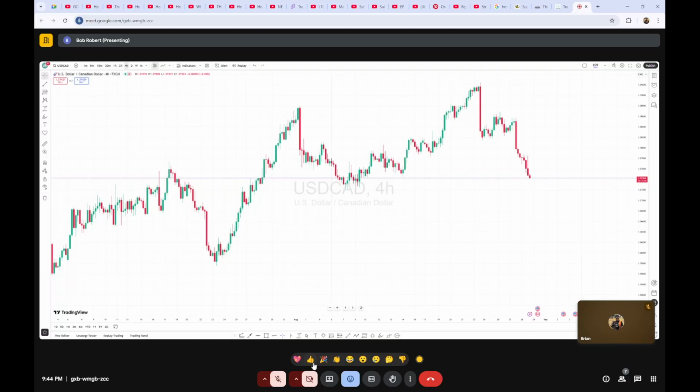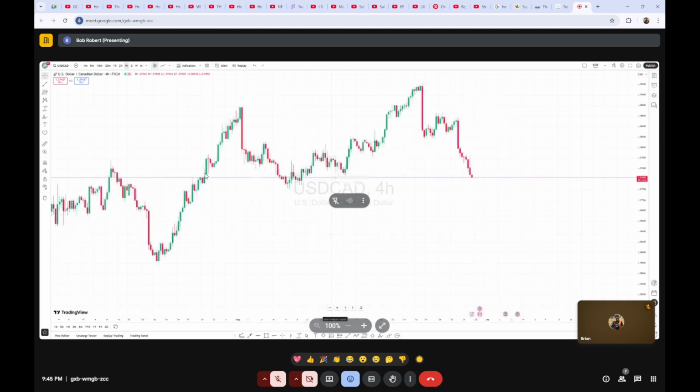There are many ways of knowing how strong the zone is, and the number one point is how the price left the level. Like we said, for a supply zone to be formed, we can have a rally base rally.